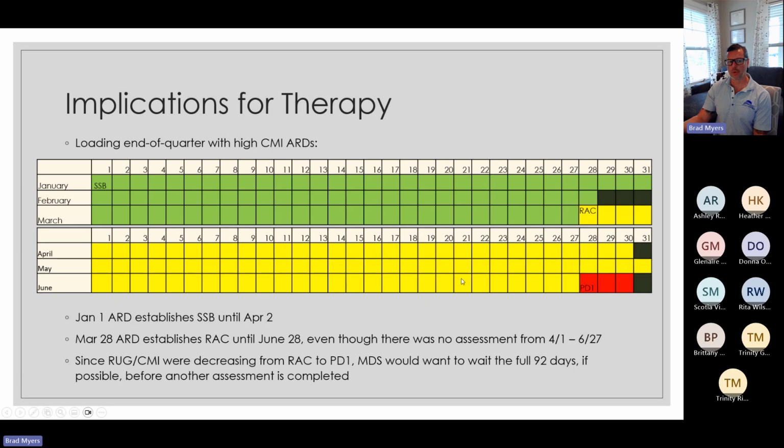So if for whatever reason we could recapture this SSB, or they're back on therapy, or we can capture a higher rug, we absolutely would want to do that assessment to capture. But if we're going from an RAC, which is a great case mix value, to a PD1, which is not a great case mix value, we want to put off that assessment as long as possible. We do not want a single more of these red days coming back into this yellow.